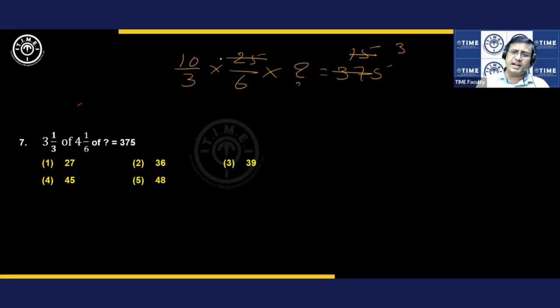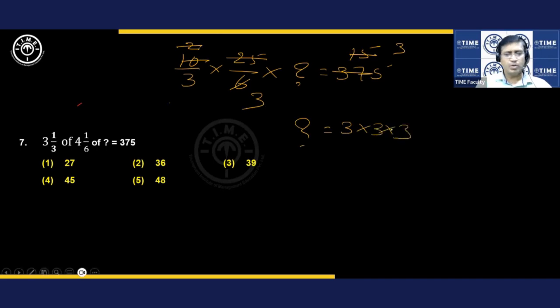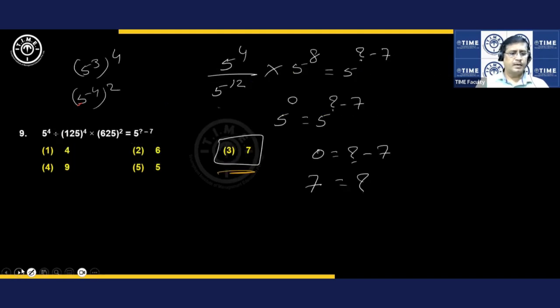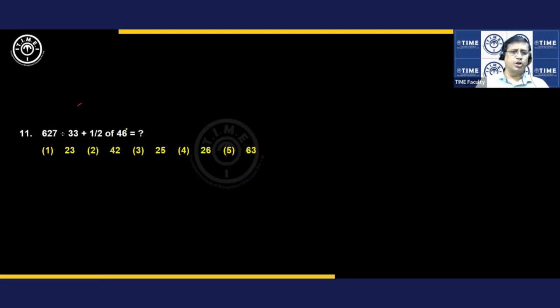So 5 goes 3 times in 15, and 2 times in 10. What about 2? 2 goes 3 times in 6. Now the value of the question mark is 3 into 3 into 3, that is 3 cube. 3 cube is equal to 27. What is the option? First option. Choice 1 is the correct answer.